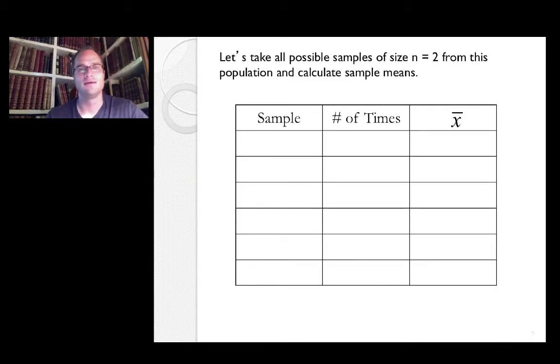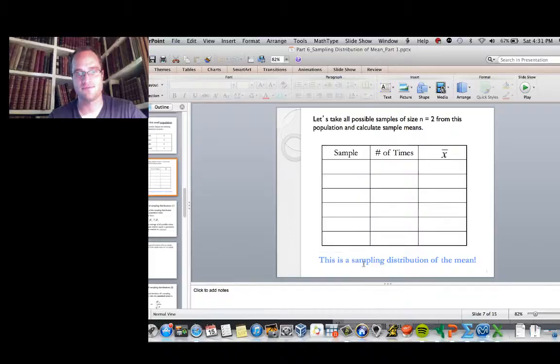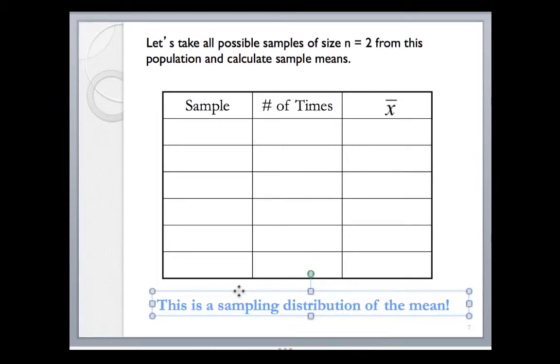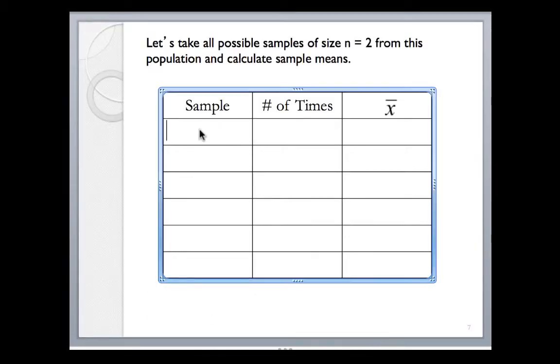Now, let's form a sampling distribution of the mean from this small population size. And to do so, let's take all possible samples of size 2 from this population. If I was to take all possible samples, those would consist of the following.